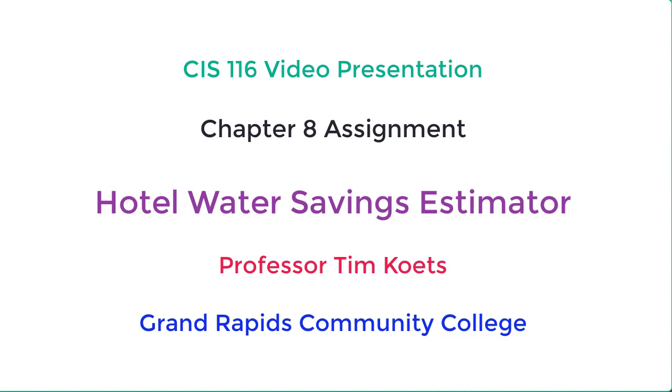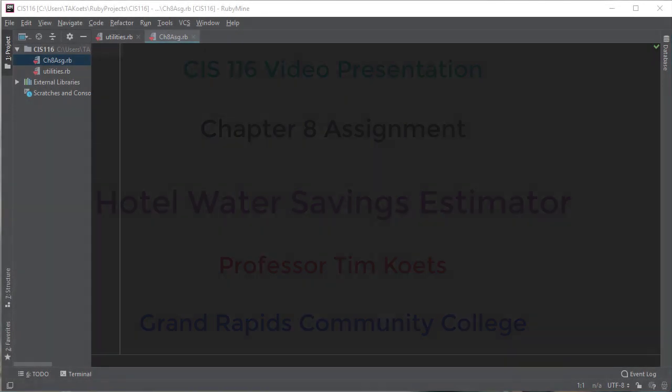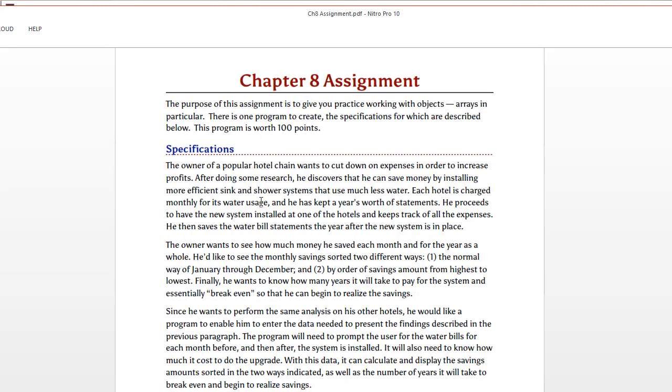Before we get started, let's take a look at the requirements for the program we're asked to build for this chapter. So here's the specifications document, and the goal of this application that we're about to build is to determine how long it will take for a hotel owner to break even on the investment that he's putting into increasing the quality of his water system.